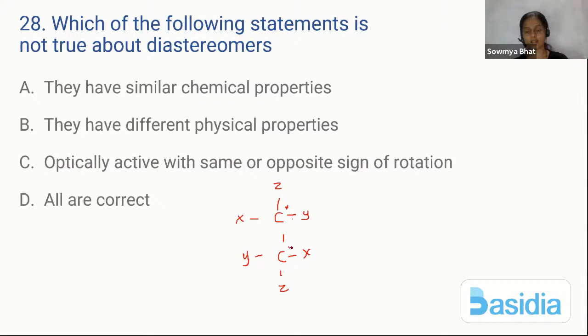These two are the chiral centers. And because of the presence of two chiral centers, the diastereomer is going to be optically active. And if I'm going to write a structure like this, where I'm just keeping this Z in the same place, I'm just going to rearrange this in another form.